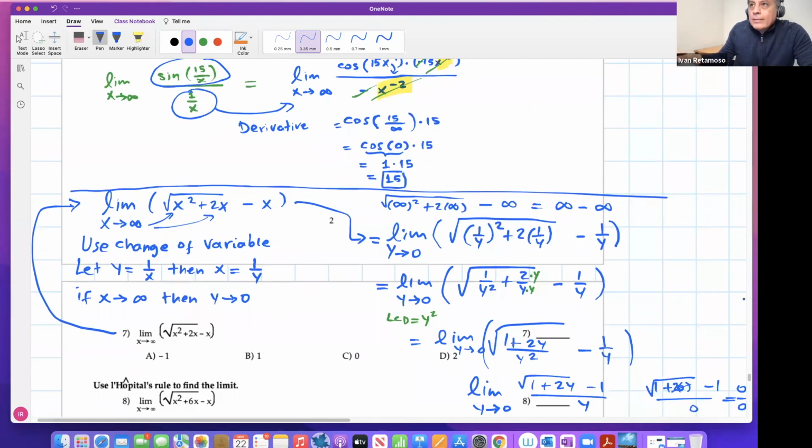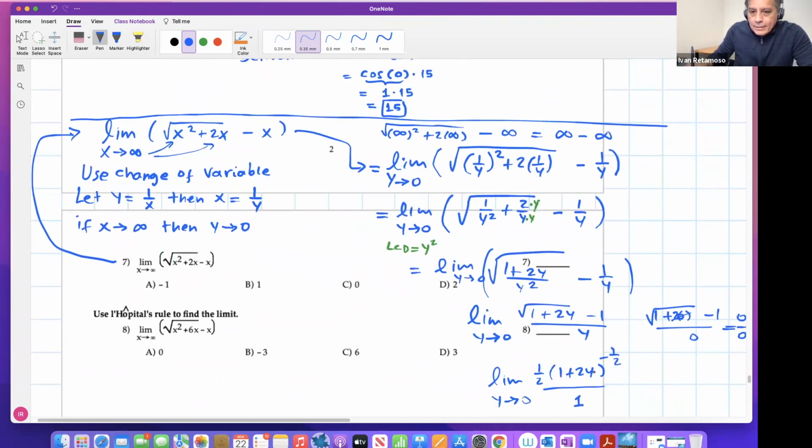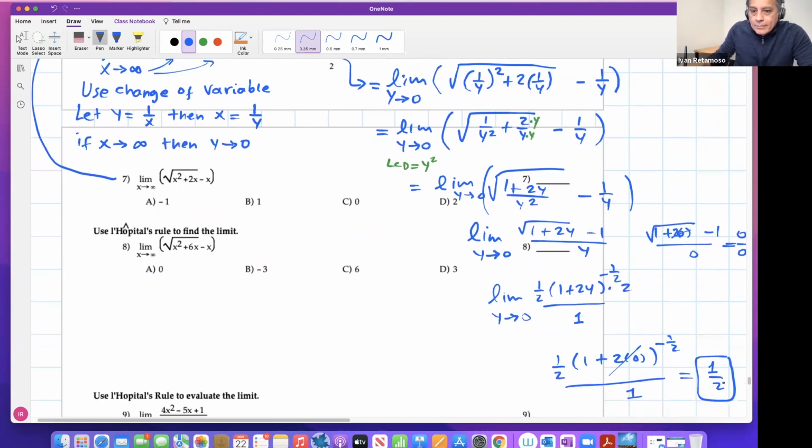There was a 2: the derivative of the inside function. The derivative of 1 plus 2y is 2, and these 2s will cancel, so this will be just 1. This is the worst this could get, but using L'Hopital's rule, you can do it.